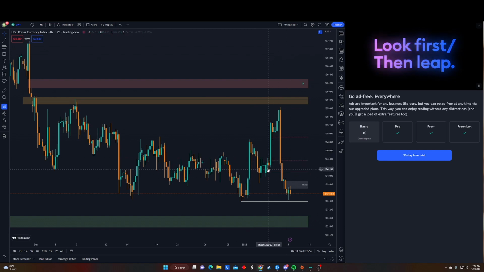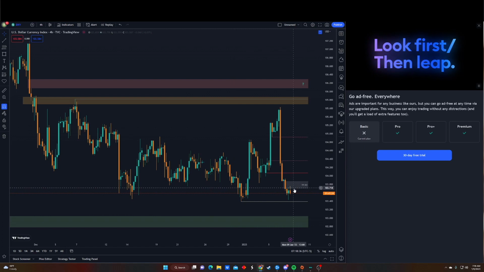On 4 hour, we have this balanced price range coupled in with a breaker of sorts. Not so worried about the breaker, as I am just focused on studying, when and if price gets up to this level at 104.361, how does price react from that level? Don't think we'll be getting up here today. That would be a lot of movement.